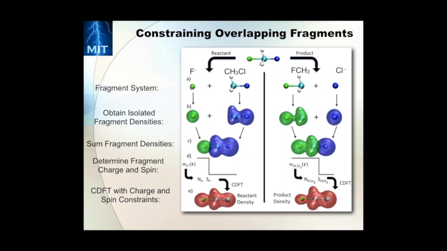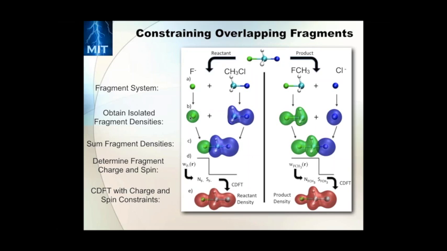So the first thing to do is to fragment the system. So we fragment it into a reactants state, which of course is an F- and a CH3Cl, and we fragment it into products, which is the FCH3 and Cl-. And you'll note that the internal geometry of FCH3 is the same as its geometry at the transition state, and the internal geometry of CH3Cl is the same as its geometry at the transition state.